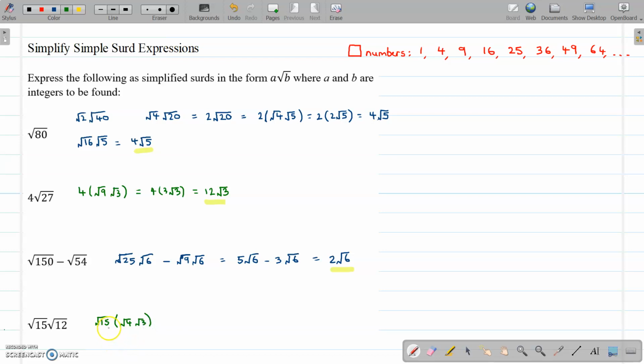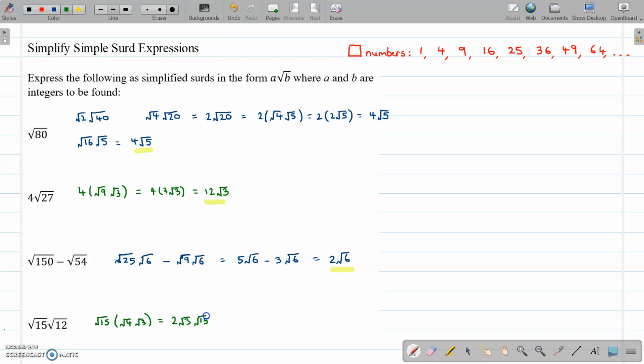So I've got root 15 times 2 times root 3. So I've got 2 times root 3 times root 15. I'm just doing it that way round because we tend to put the non-surd in front of the surd.